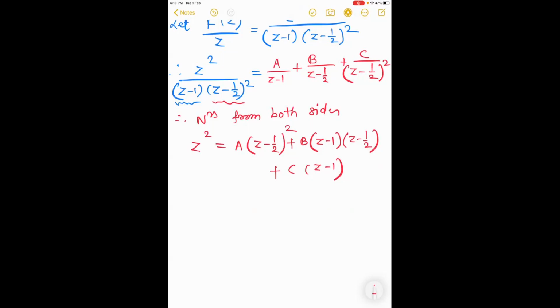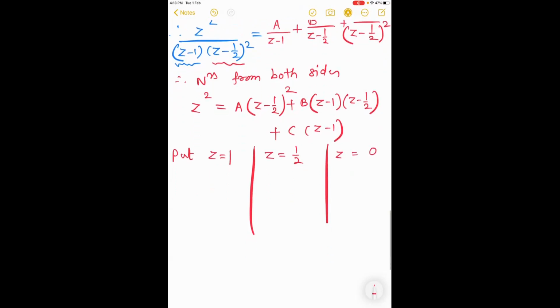First, put z equal to 1, then z equal to half, then any other value, like z equal to 0. If I put z equal to 1, the B and C coefficients will be 0 and I will get the answer for A. Left side 1 square is 1.